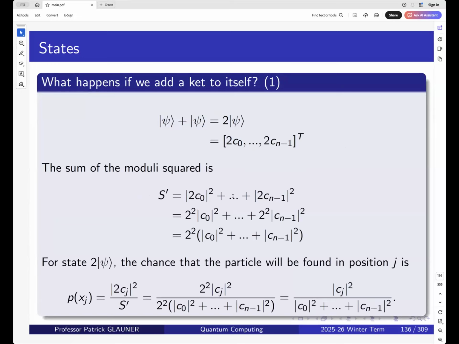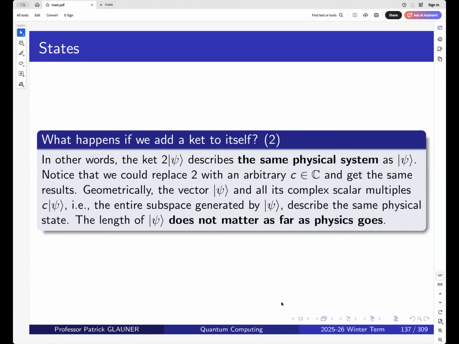And in here you see an overly lengthy derivation that, when you multiply psi ket with 2, this will have no impact on the probabilities of where the particle is found after measurement, because you just double each entry, and this will all just cancel out when you normalize. This is shown here in a more formal way.